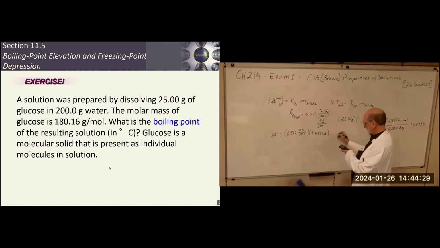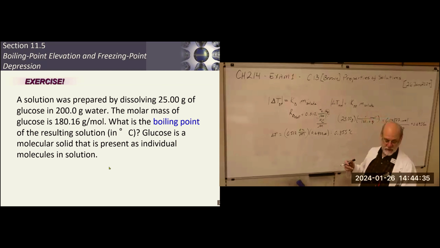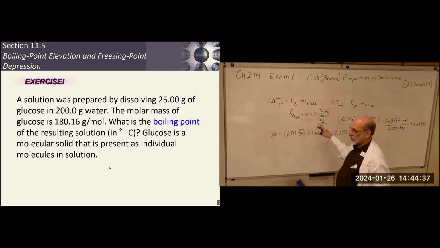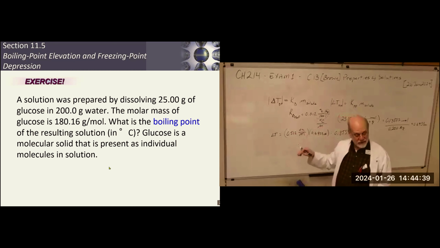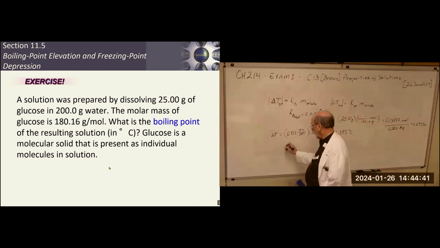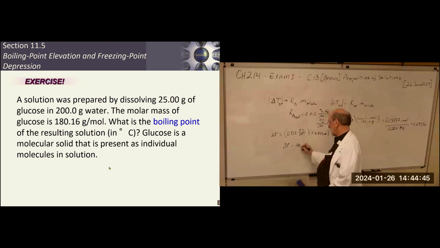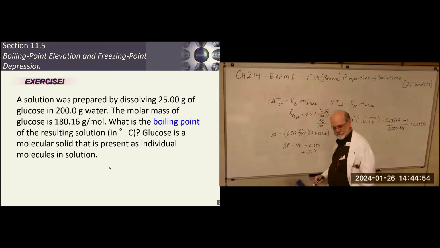Our temperature difference is 0.3552 C. That's the difference in temperature for boiling point, so the boiling point is elevated by that much. So the boiling point of the solution is going to be 100 plus 0.355, or 100.36. Okay, not much.